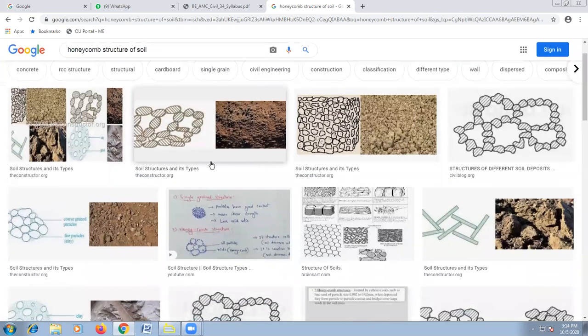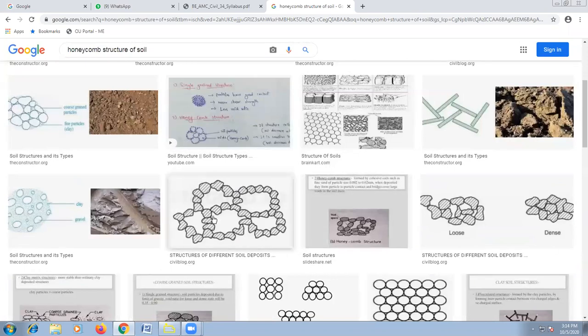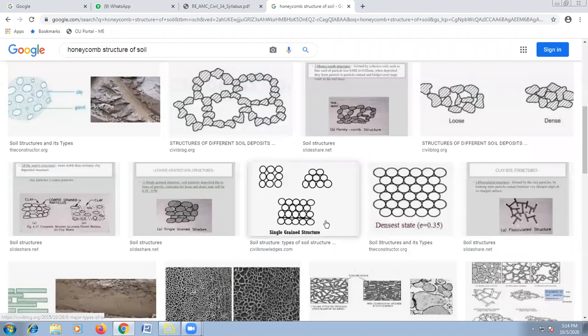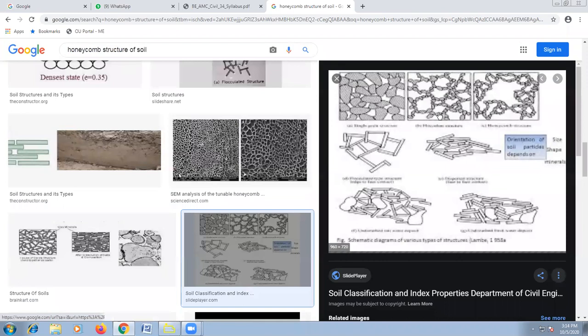So here you can see, this central portion, this third portion, is known as the honeycomb structure.